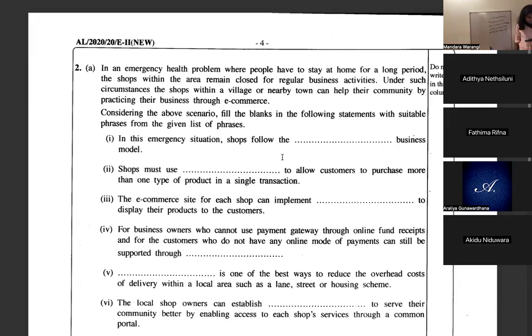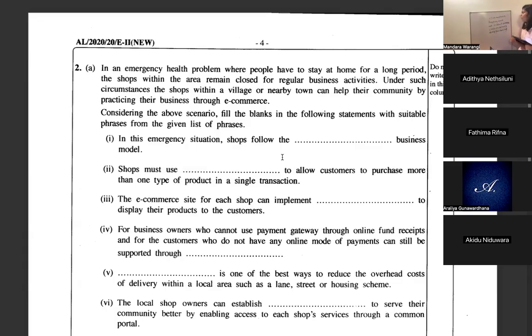The sixth question: the local shop owner can establish blank to serve their community better by enabling access to each shop's service through a common portal. What is this common portal? A common place where so many shops get together, we call a marketplace.